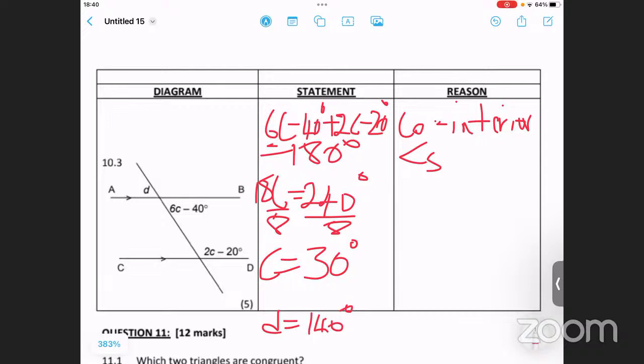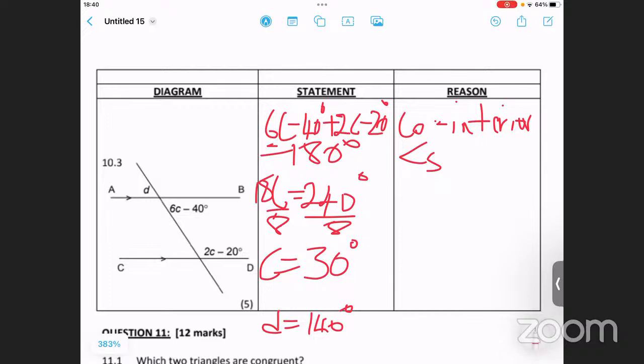But how did you get to 140? Ma'am, over there it tells us that 6c minus 40 degrees is that angle. And then that's how I used that, and I got 140 degrees.